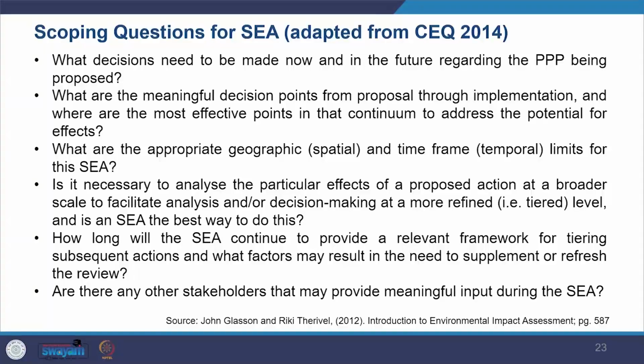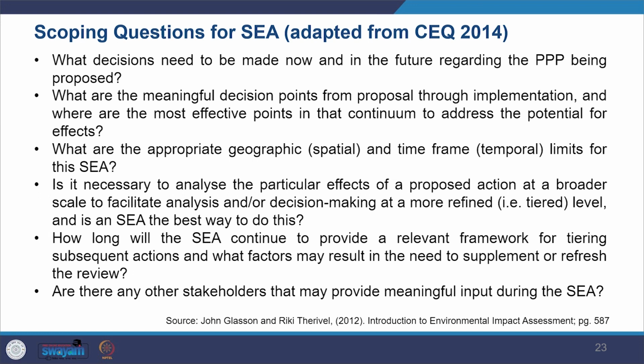So now moving on and seeing what we really do at the scoping stage with SEA. We have been seeing it for EIA, so we'll see what kind of questions we look at for SEA. We look at what decisions need to be made now at the scoping stage and in future regarding the policies, plans and programs which have been proposed. What are the meaningful decisions that have to be taken, and what are the appropriate geographical locations?